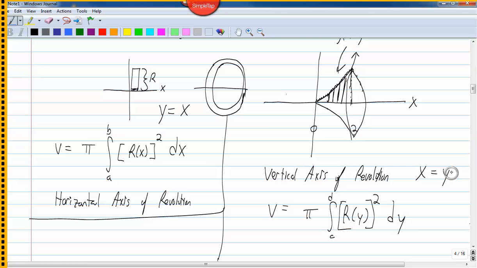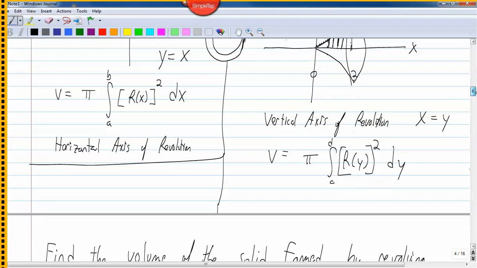And then we want to use the boundaries on the y, from c to d, both of these come from the y. So it's the same formula, except we use y boundaries, and we want the function, this r of y, to be x. We want it x equals.